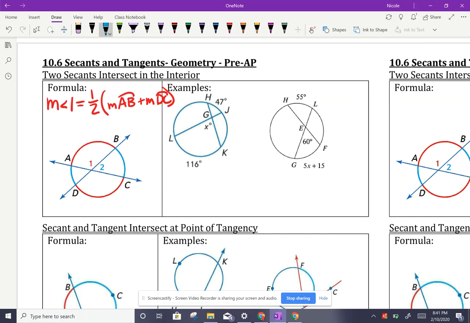Similarly, the measure of angle 2 is equal to 1/2 times the measure of arc AD plus the measure of arc BC. Same setup: the two arcs on either side of that angle are the two that are added together and divided by 2 to get angle 2.